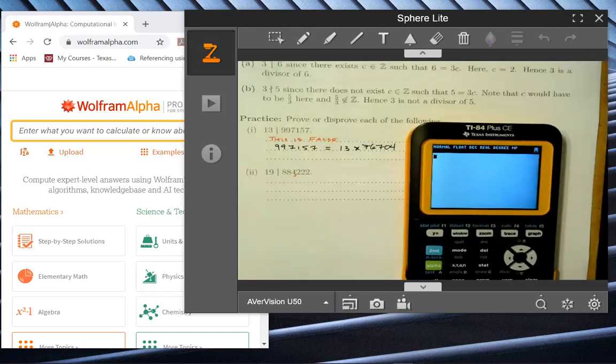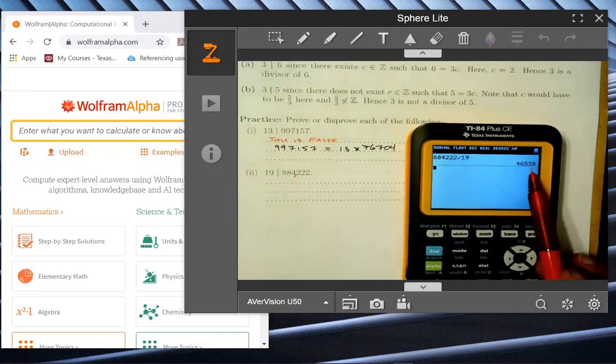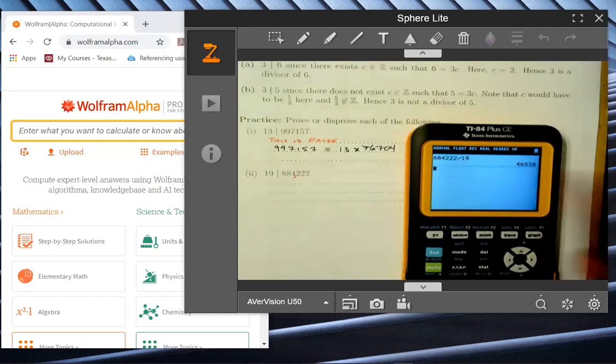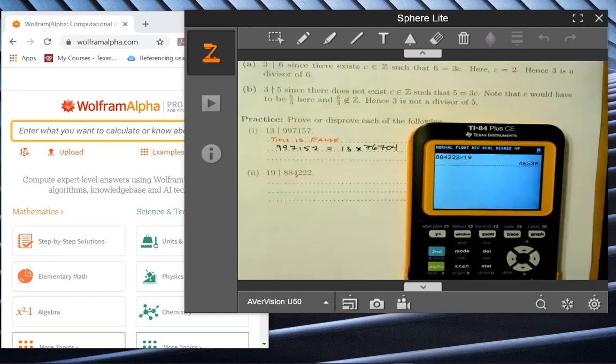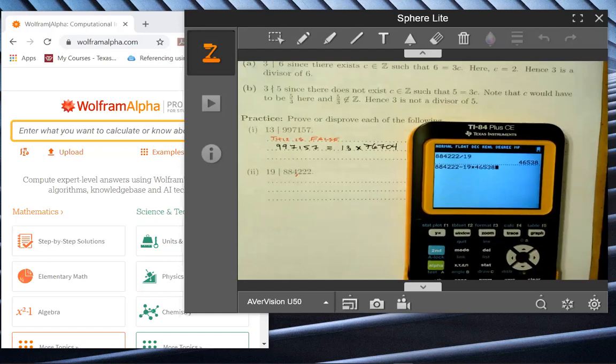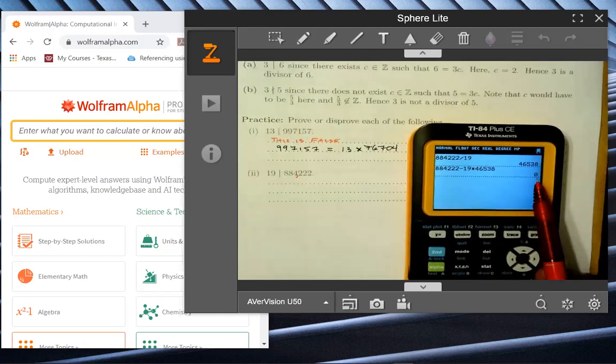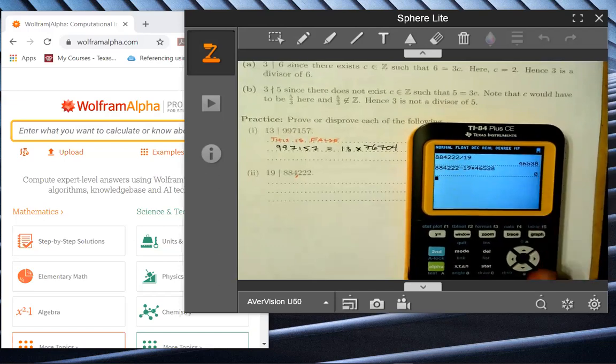Is 884,222 divisible by 19? It appears to be true. We can always double check by computing 884,222 minus 19 times this number, and we get 0, indicating that there is no remainder.